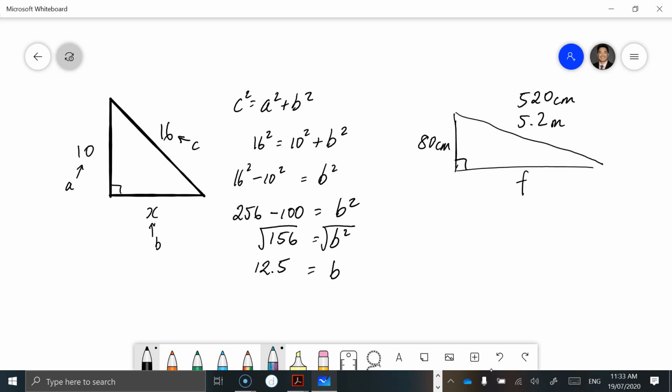If we substitute everything into our formula, we've got 520 squared is equal to 80 squared plus f squared. And 520 squared is a very, very big number.